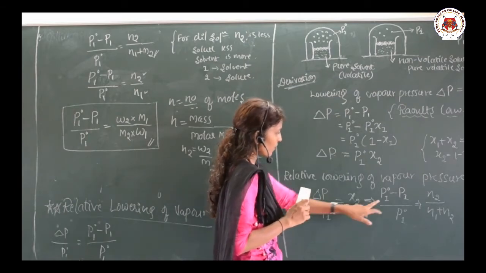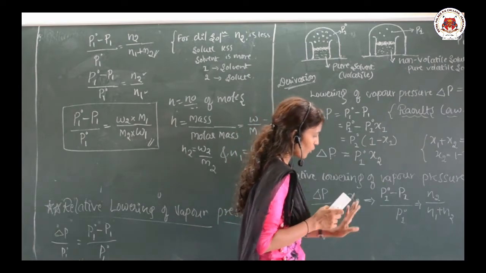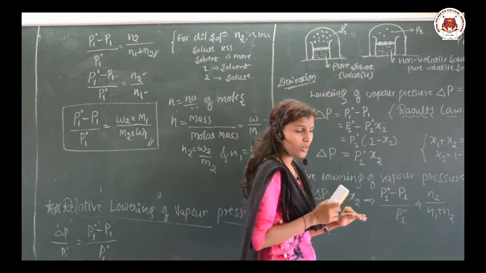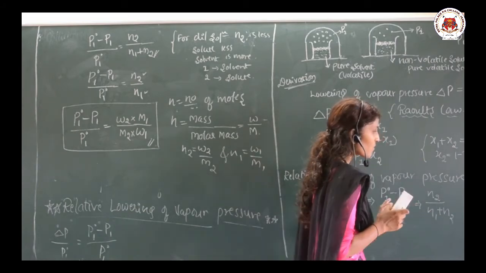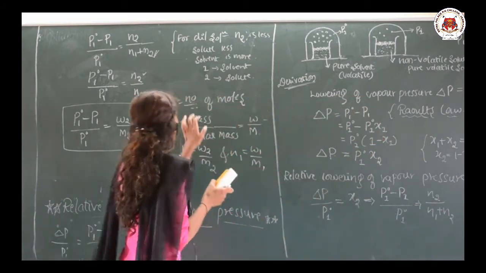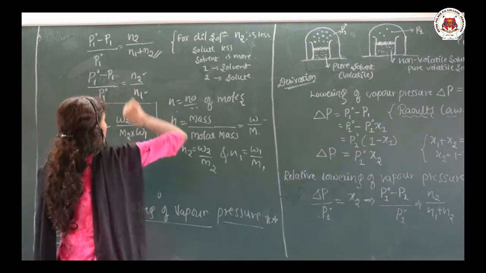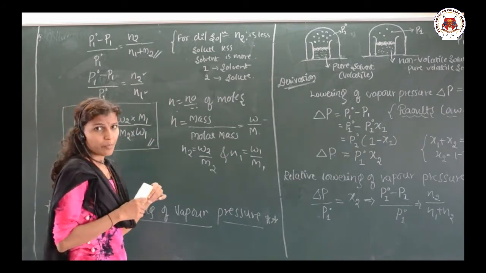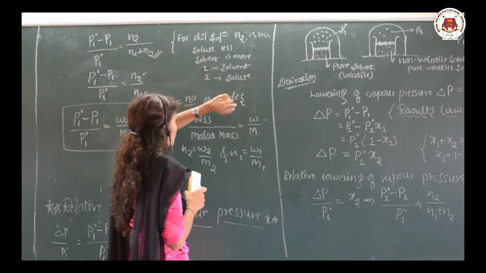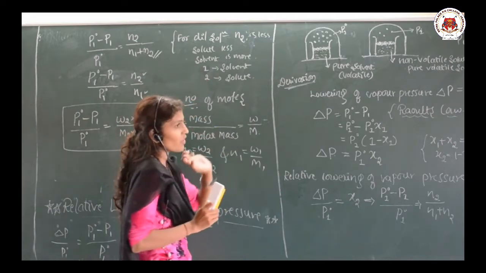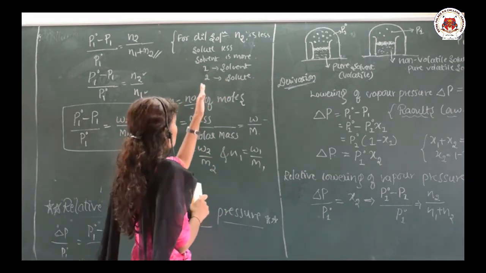Again, delta P is nothing but P1 naught minus P1, divided by P1 naught. X2 is equal to N2 divided by N1 plus N2. That only I wrote here one more time. But N2 is very small compared with N1, because in our solution chapter, in problems, you have to take number 1 for the solvent, which is larger, and 2 for the solute.